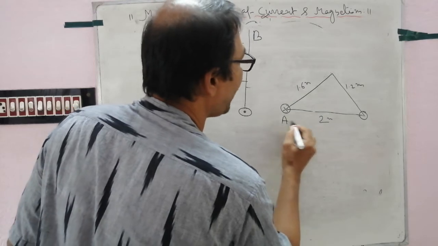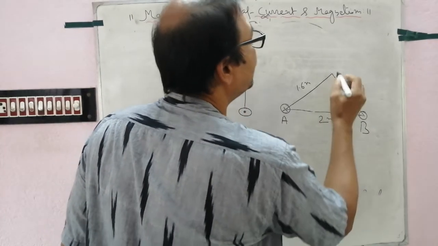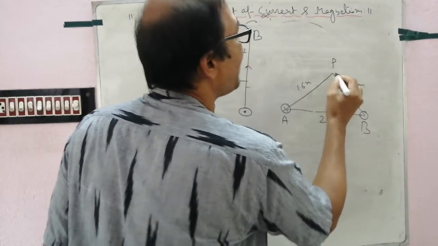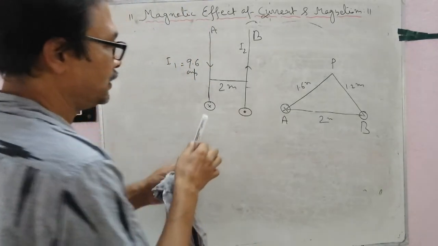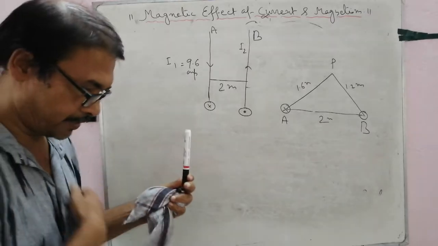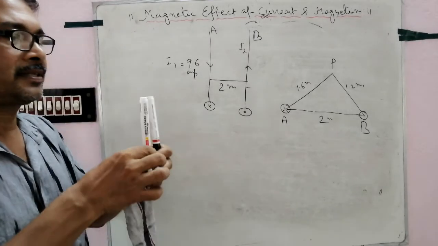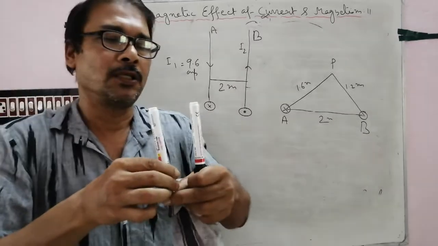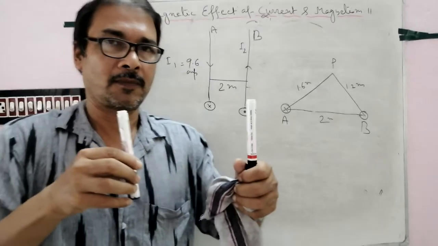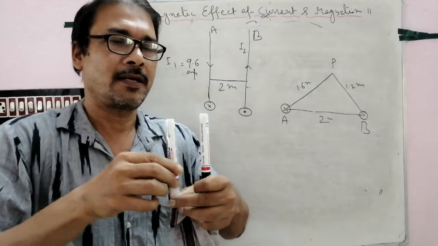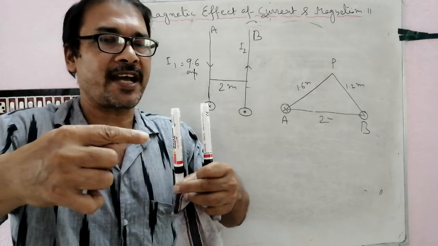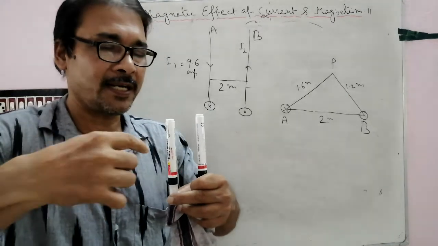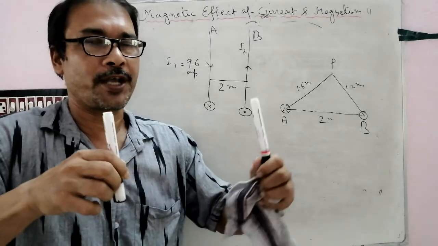This is wire A, this is wire B, and this is P. What will be the magnetic field at P? This is the first wire, and this is the second wire. The distance is 2 meter. Here is the point. From the first wire it is 1.6 meter, and from the second wire 1.2 meter.